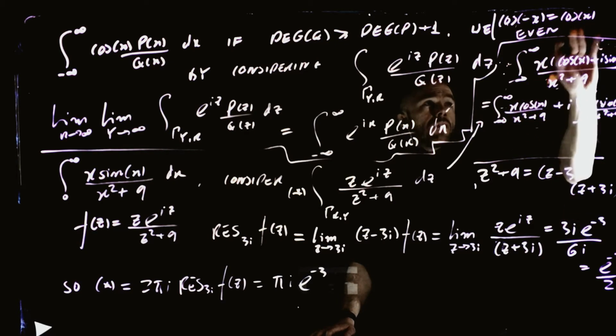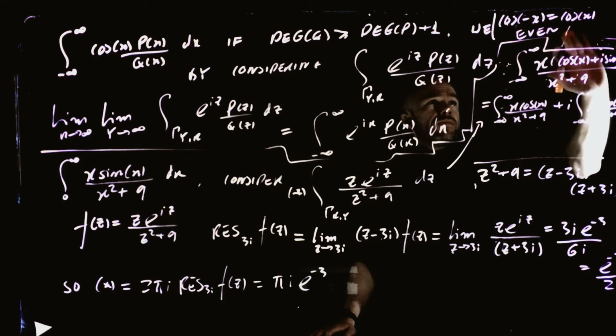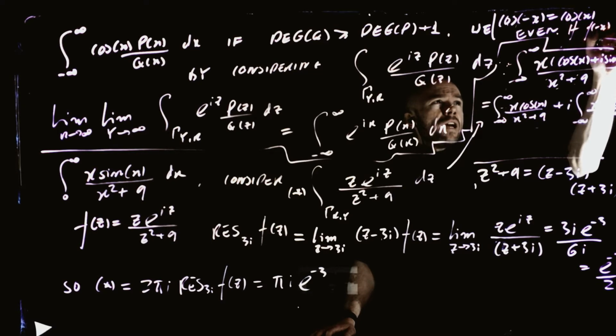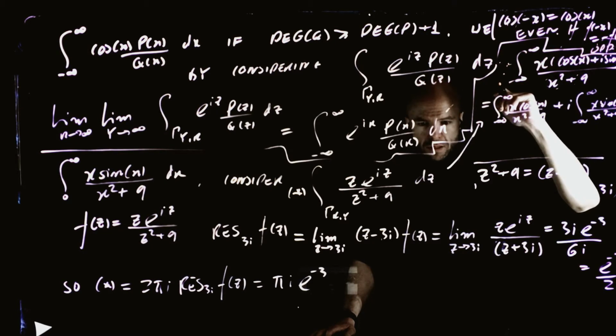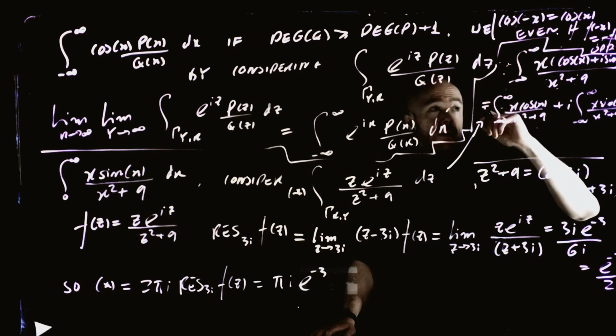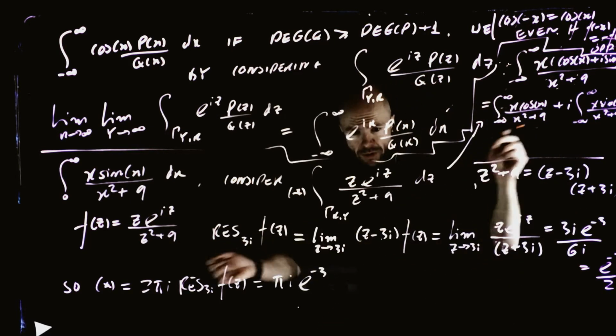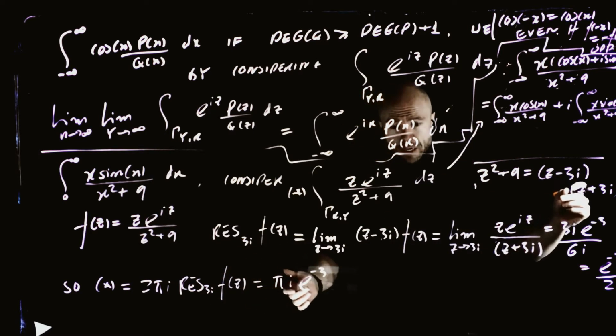A function is odd if f of minus x equals minus f of x. Remember this? Cool. So if we integrate an odd function from minus infinity to infinity, it's going to be 0.